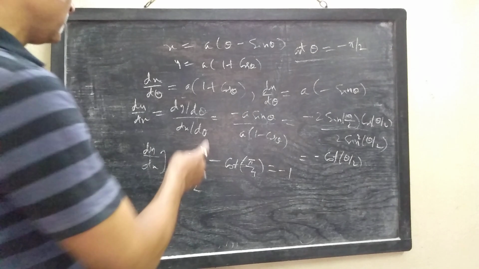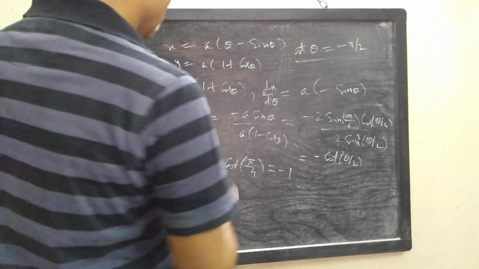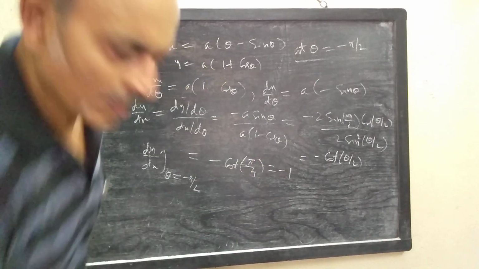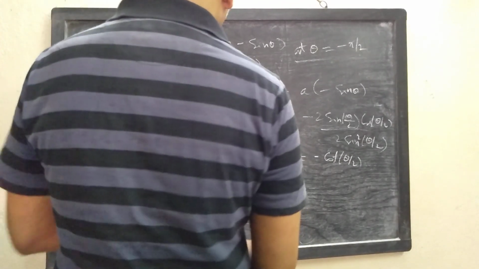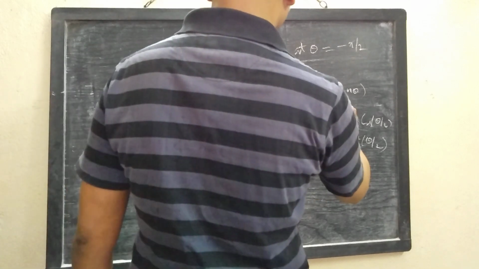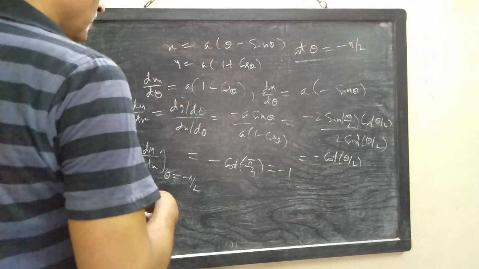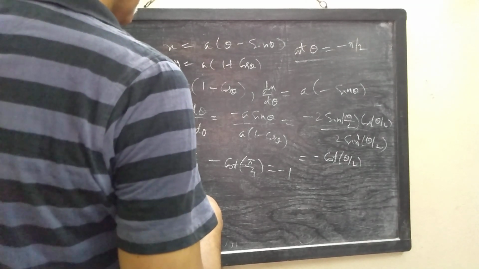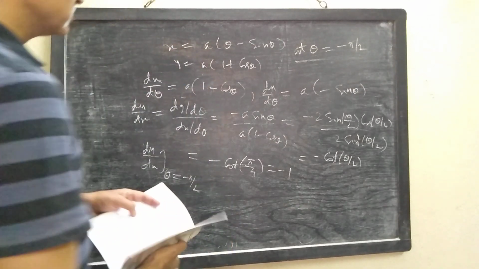So your dy/d theta will be, no, this is okay, 1 minus cos theta. So dy/d theta will be changed, minus sin theta. So ultimately we get minus sin theta, okay.